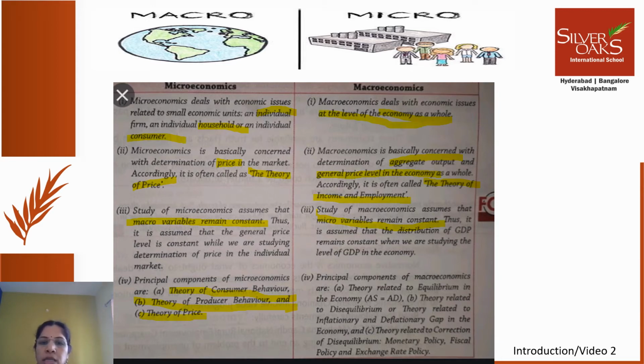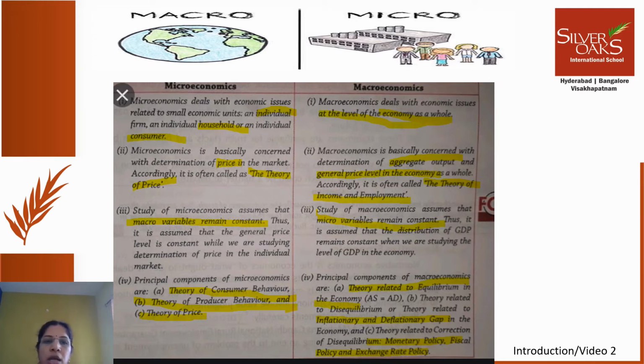Under macroeconomics, the principal components are theory related to equilibrium or disequilibrium in the economy, inflationary and deflationary gap, and monetary policy, fiscal policy and exchange rate policy. All these come under macroeconomics. In fact, macroeconomics will be one of the books prescribed for you in grade 12. So as of now, your area of interest is microeconomics.